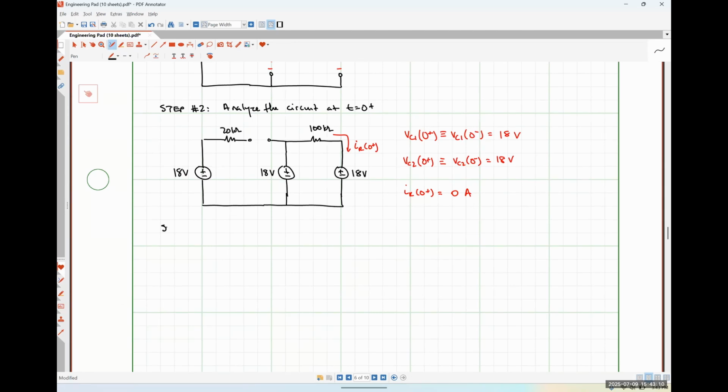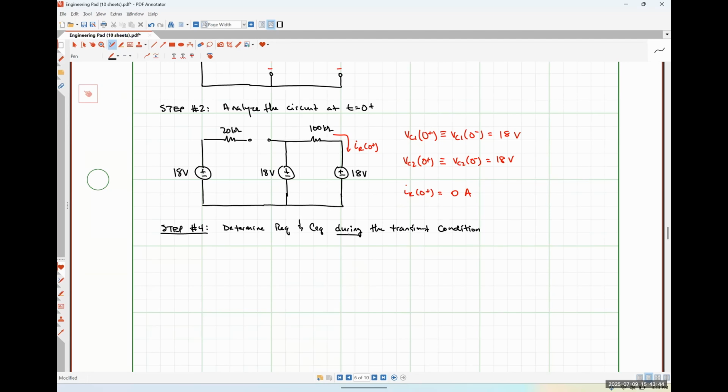So step number 4 is going to be to determine REQ and CEQ during the transient condition.